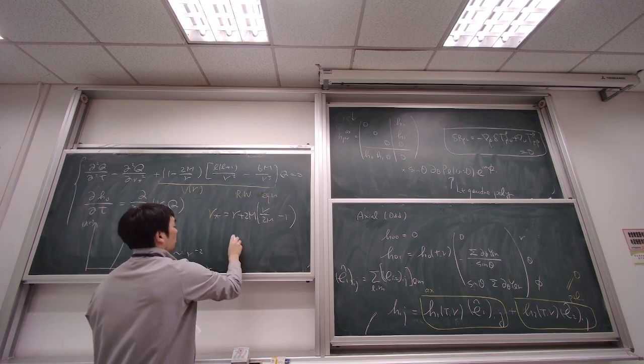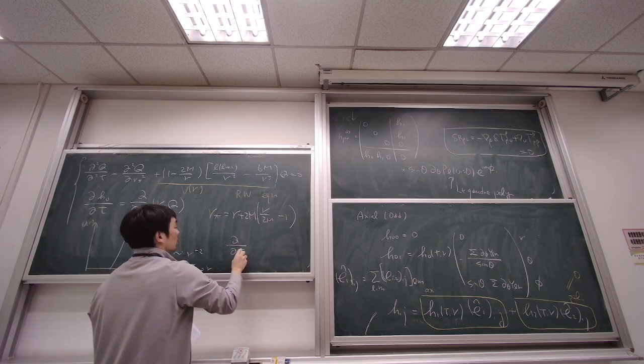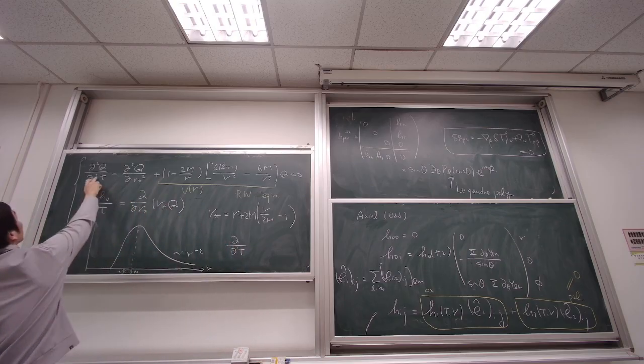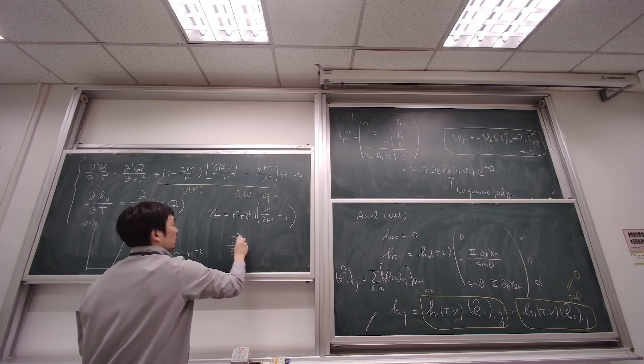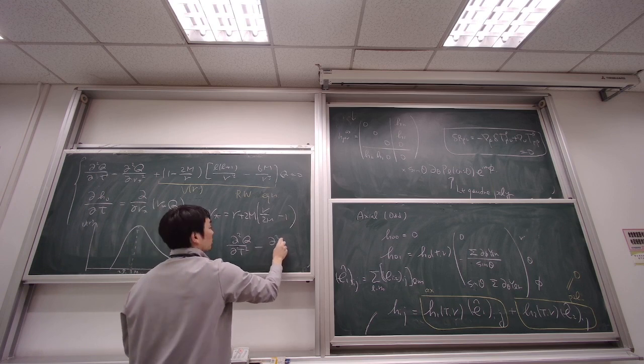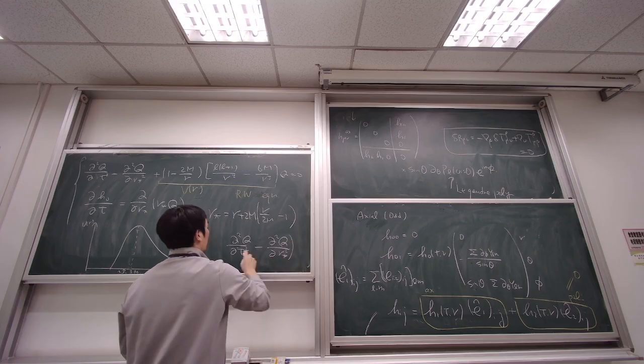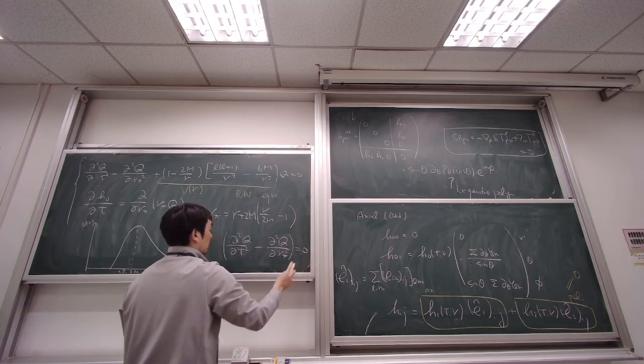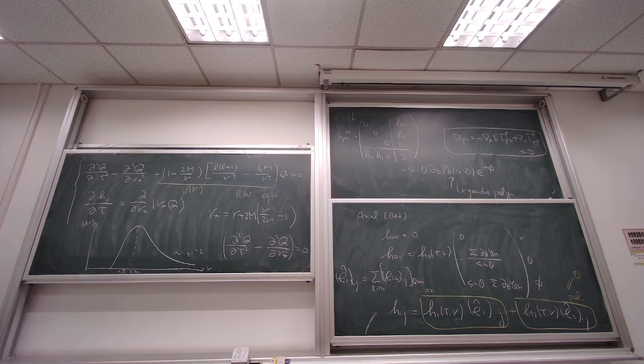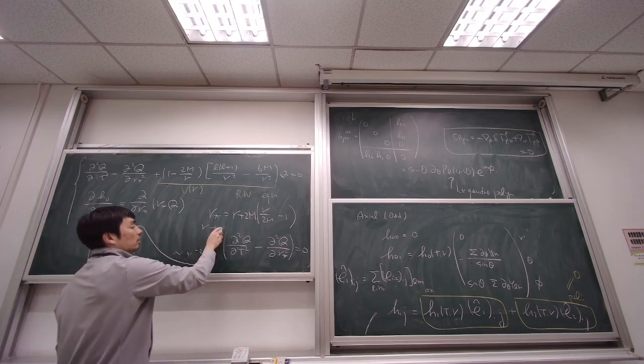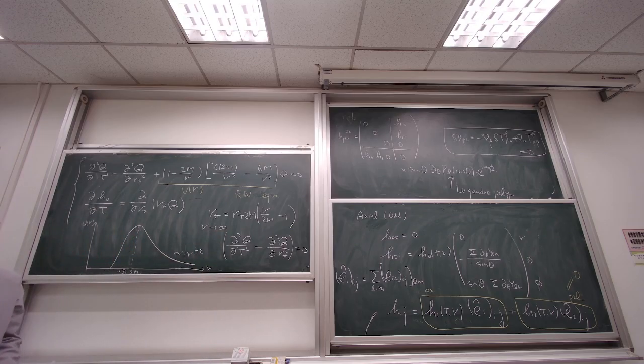Therefore, ∂_t² Q − ∂² Q/∂r*² acting on Q equals 0. That's what you need to solve asymptotically. So when r goes to infinity, it's just a wave equation, so one can solve the equation.